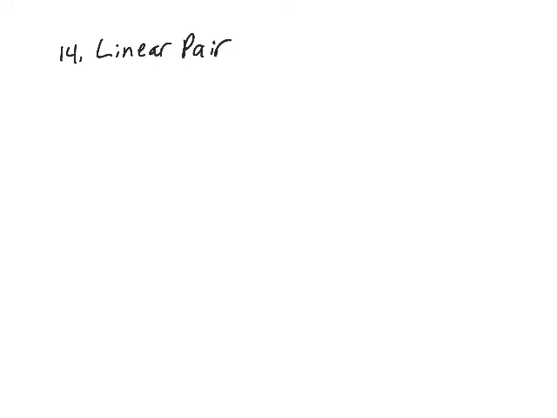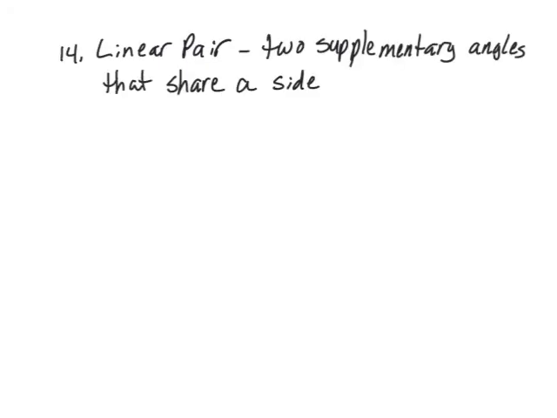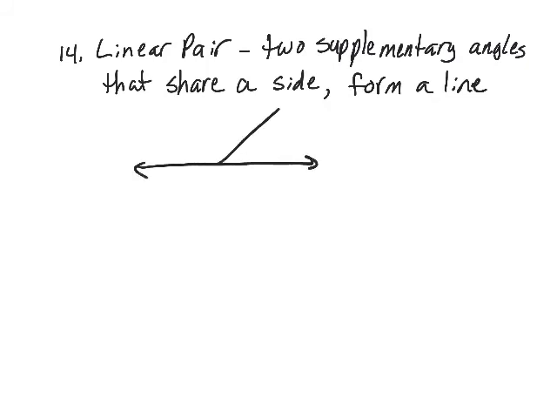Okay, and then I want to talk about a linear pair because a lot of times kids struggle with what a linear pair is. A linear pair is 2 supplementary angles that share a side, so they are stuck together. And what they do is they form a line. But it's only 2 angles, so a linear pair would be something like this.